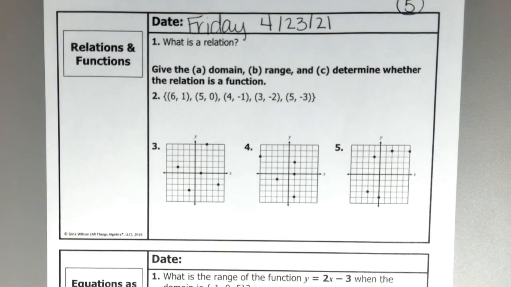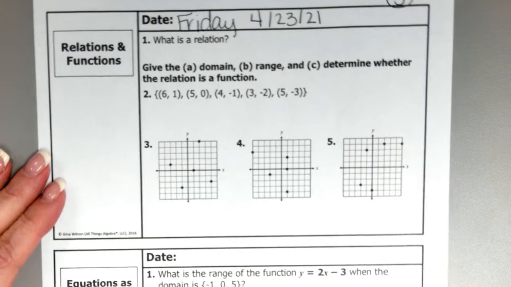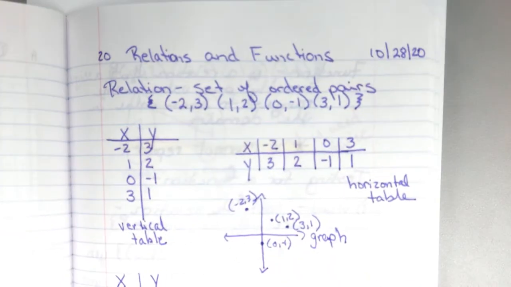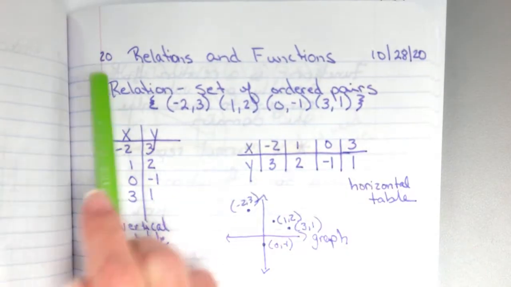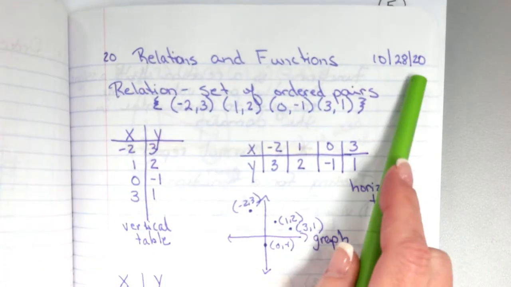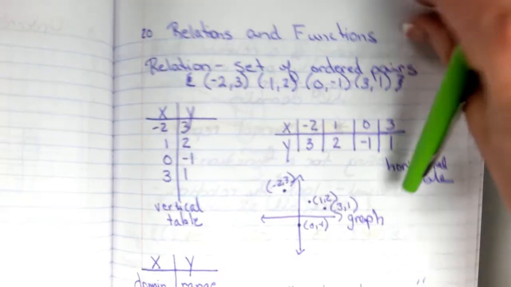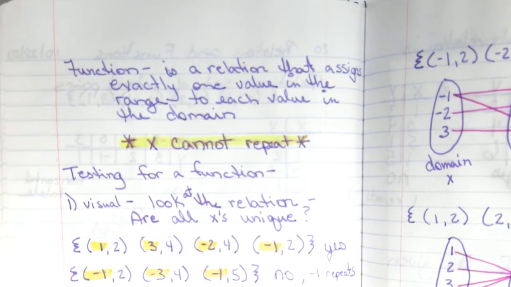This is going to be about relations and functions today, and I want to remind you in your journal you have a whole section, my people, that we've numbered at 20. In October, we talked about relations and functions. We gave lots of examples. We talked about what makes a function, which is covered on this sheet today.